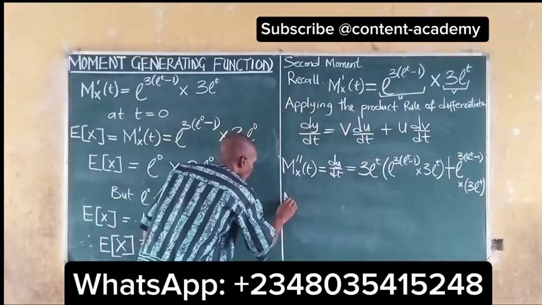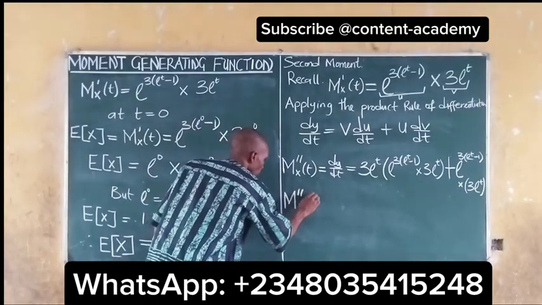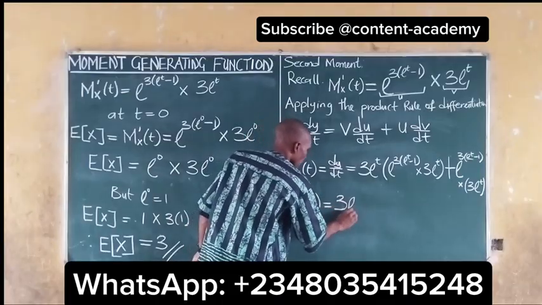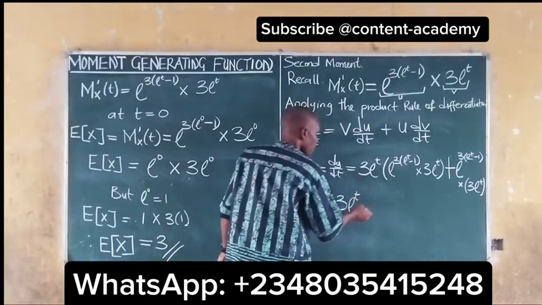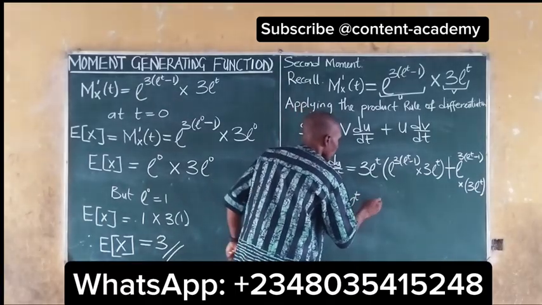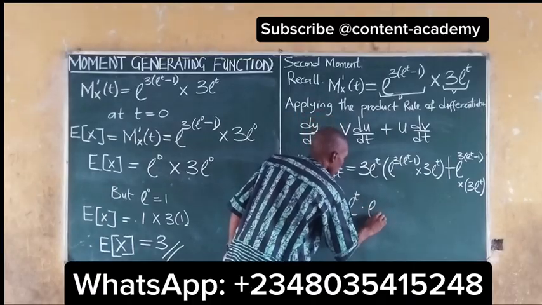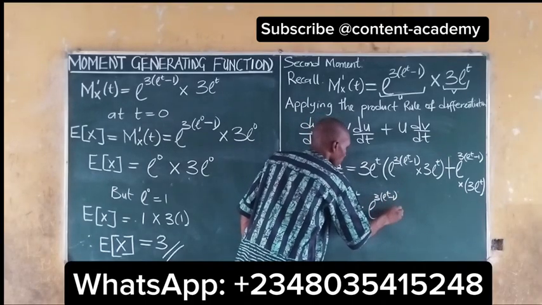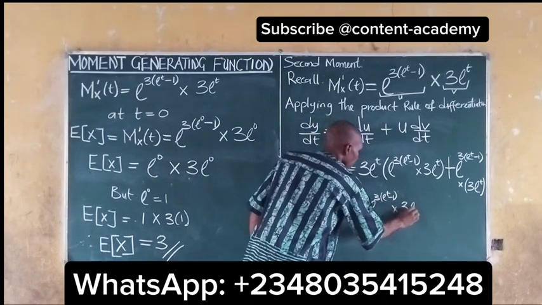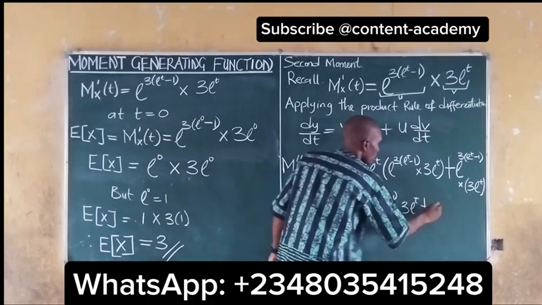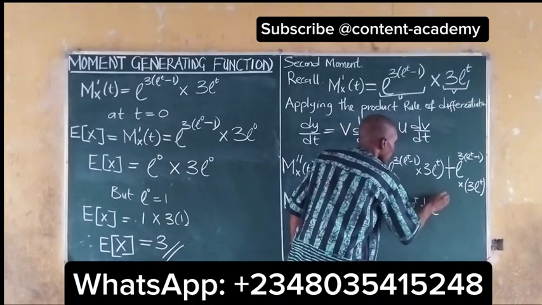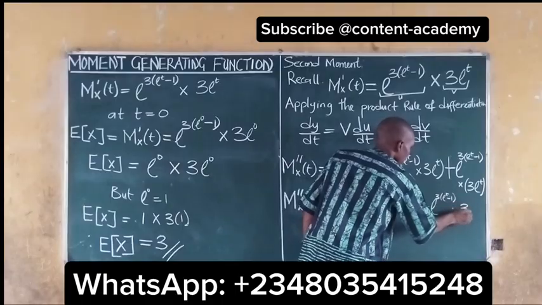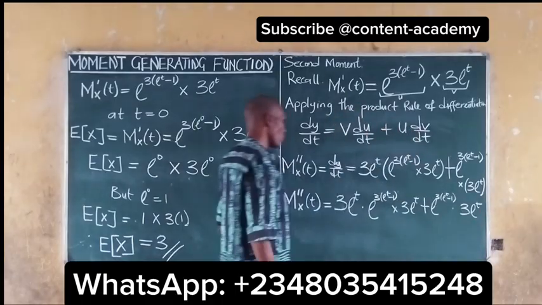It then means that our second moment is equal to 3e^t multiplied by exponential 3(e^t - 1) multiplied by 3e^t plus exponential 3(e^t - 1) multiplied by 3e^t. So this is what we get.